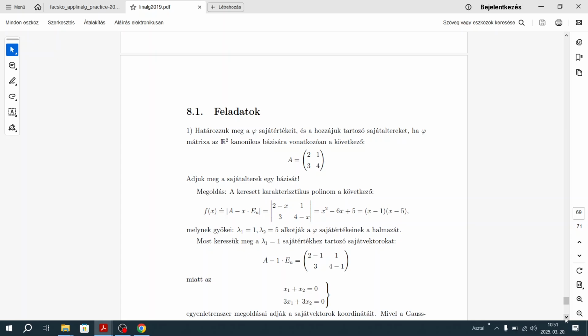This is the characteristic polynomial. You solve the equation. We are happy here because this is a 2 times 2 matrix.